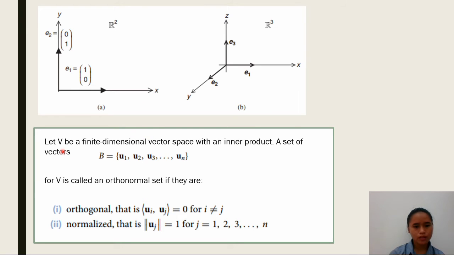Let V be a finite dimensional vector space with an inner product. A set of vectors in V is called an orthogonal set if they satisfy these requirements.